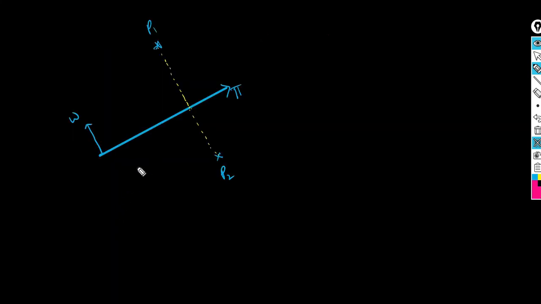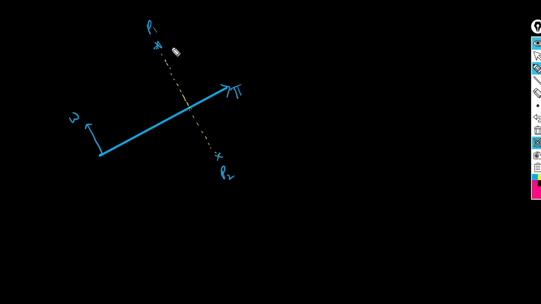Now this is the plane and this is the vector representation of the plane W, and these are two points. One is on this side and another is on this side of the plane. Now let us find the distance.